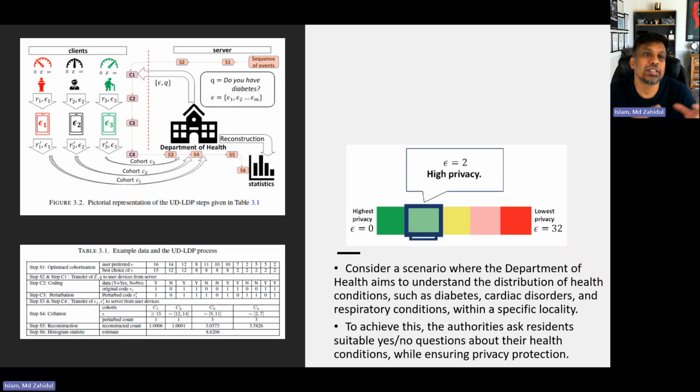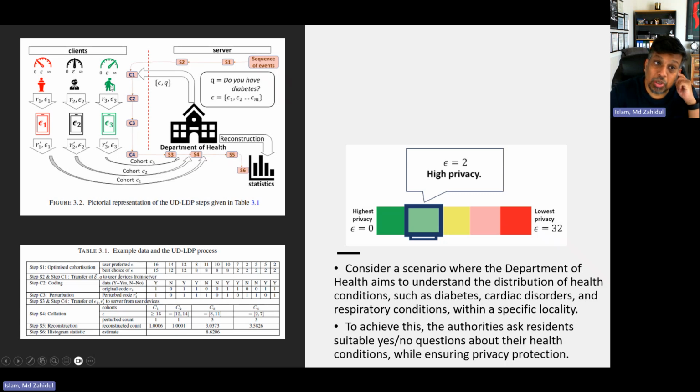The Department of Health is getting lots of participation in the survey, but the quality of the data they are getting will be very noisy, will not be as good. So, and then the reconstruction of the distribution will not be as accurate, right?